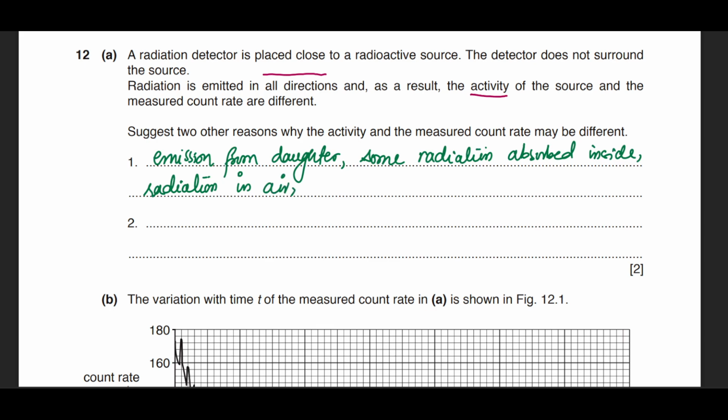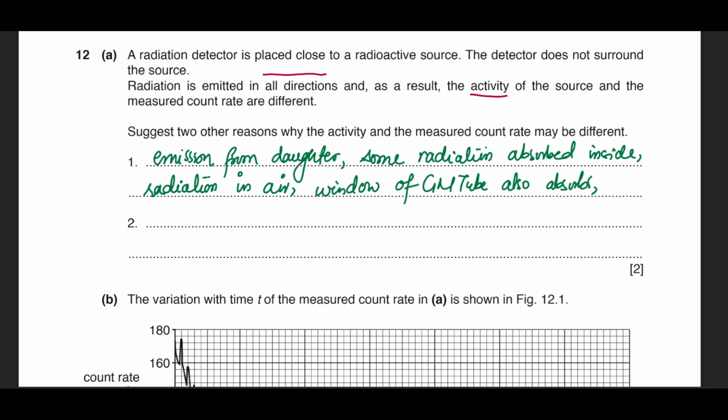And it's possible that the window of the GM tube, which is made out of glass, also absorbs some radiation. So all in all, the true nature of the radiation is not received by us. Why? Because we are left with some absorption in the respective mediums during transfer.